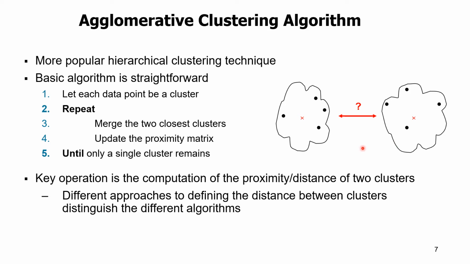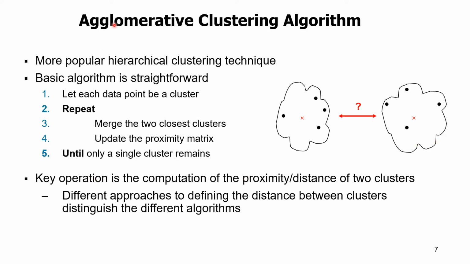You can define distance between the centroids of these two clusters, or distance between this point and this point, or between this and this. So there are many options you can choose when it comes to defining distance between clusters.